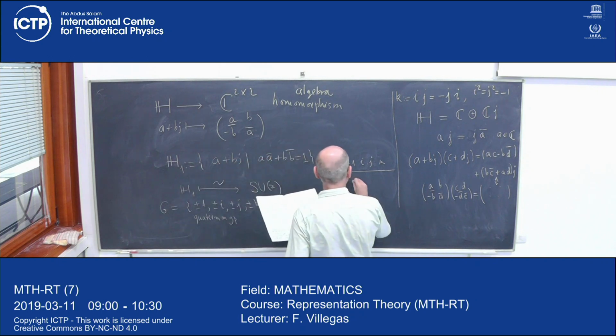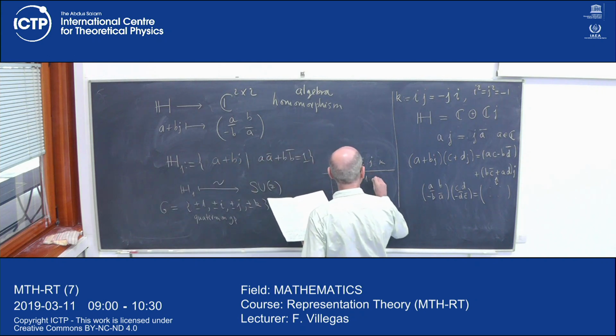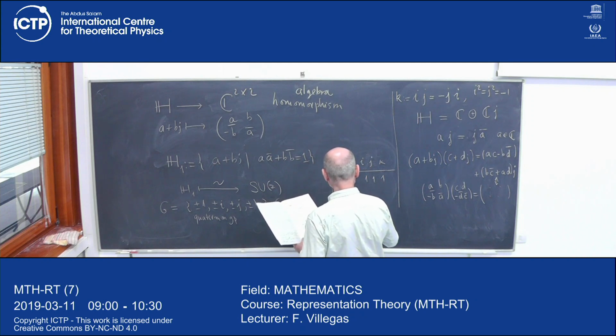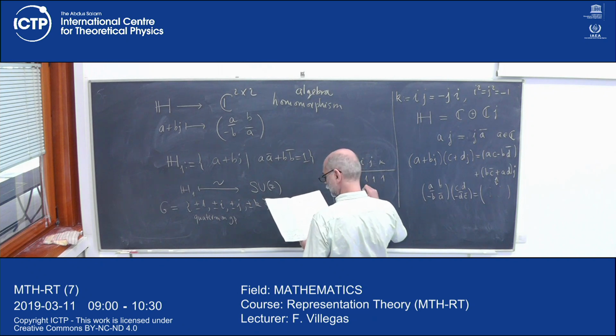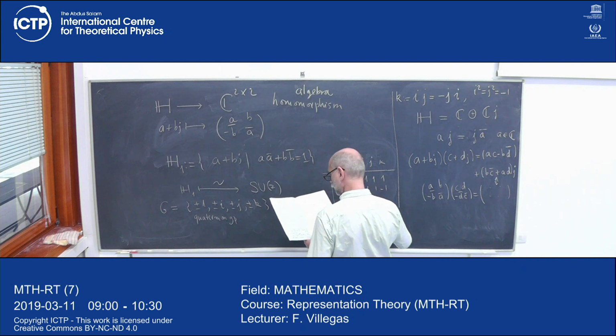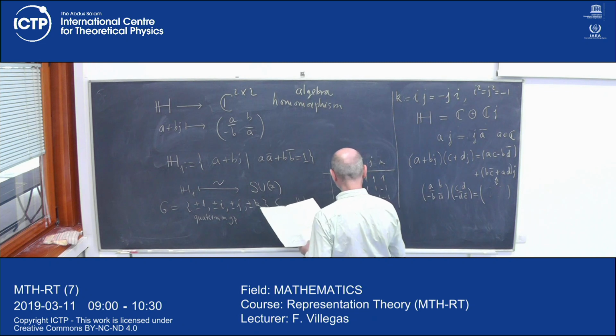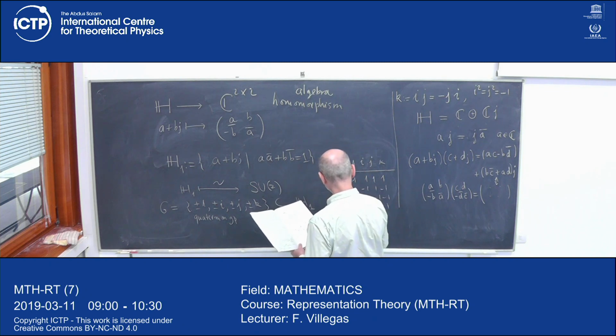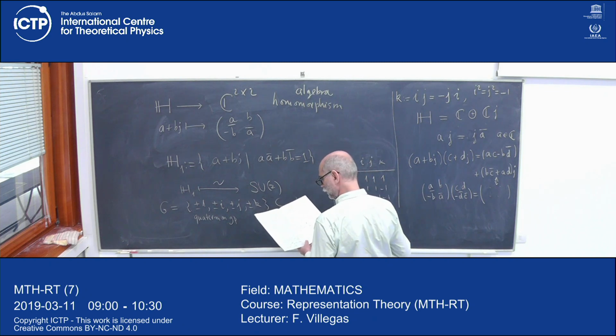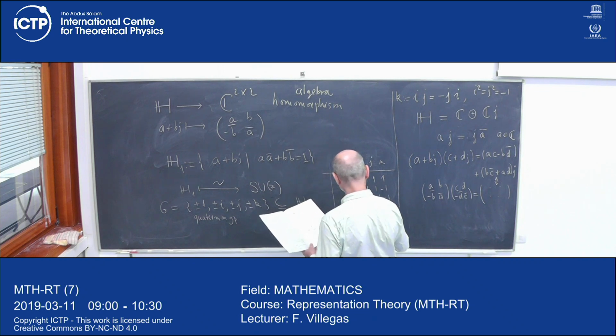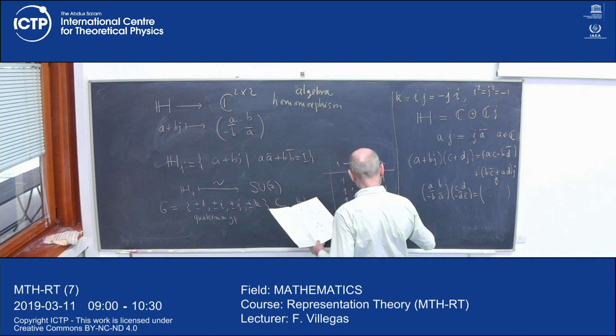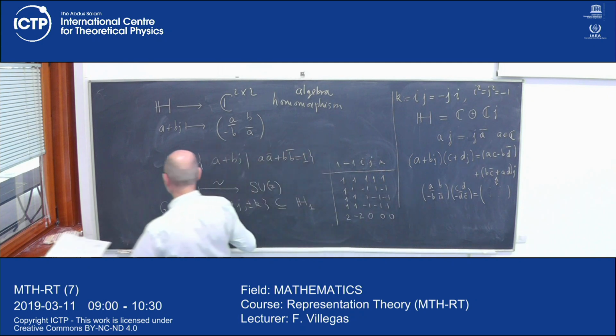And you'll find that it has 4 one-dimensional representations, and then one two-dimensional representation, which comes from this map here.